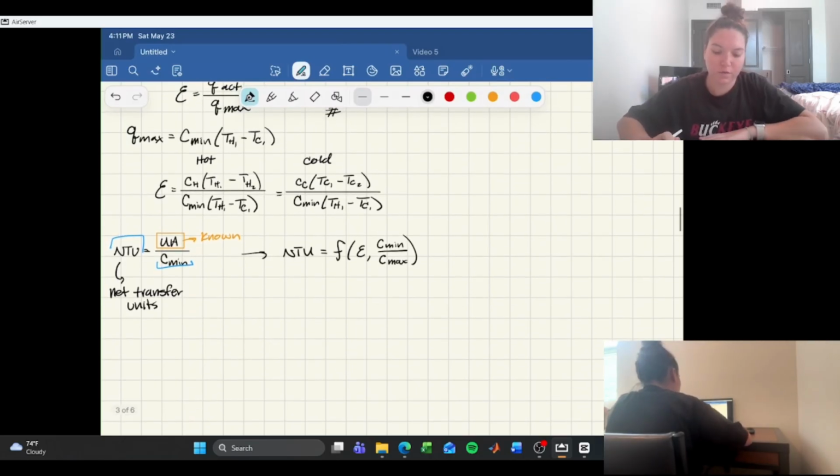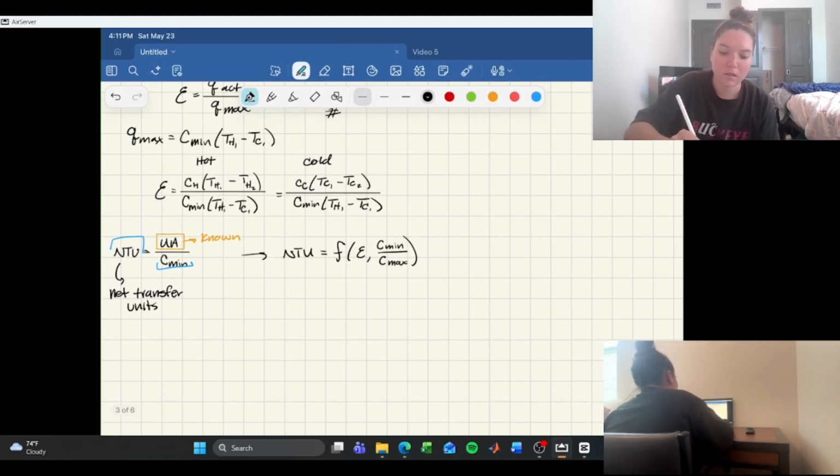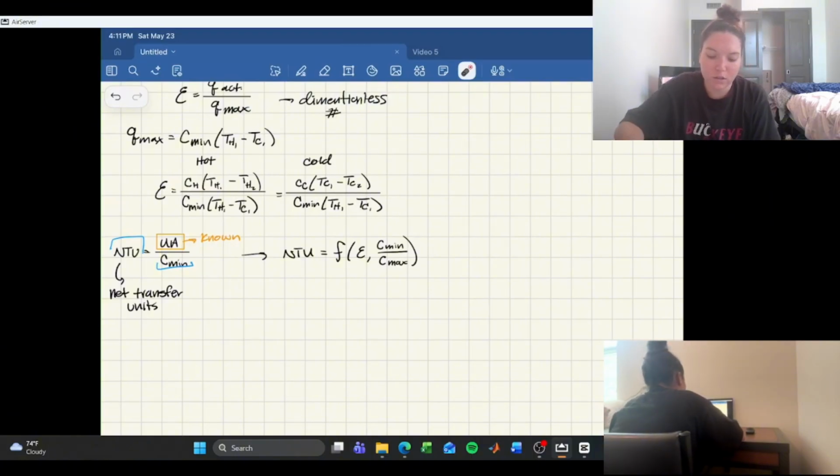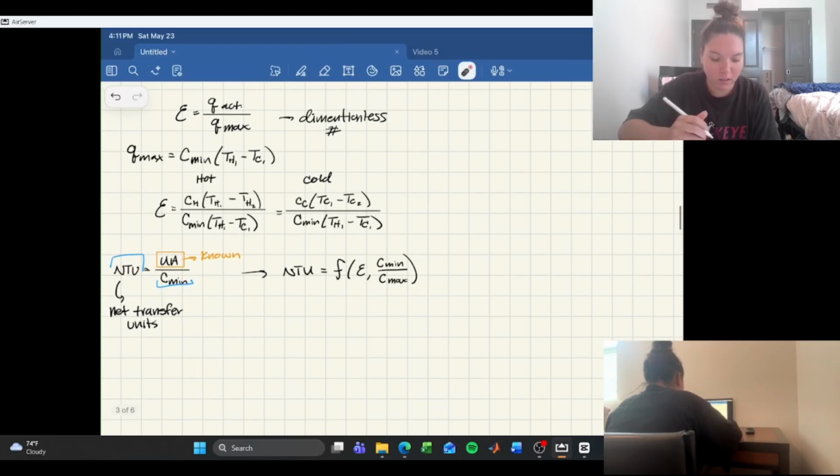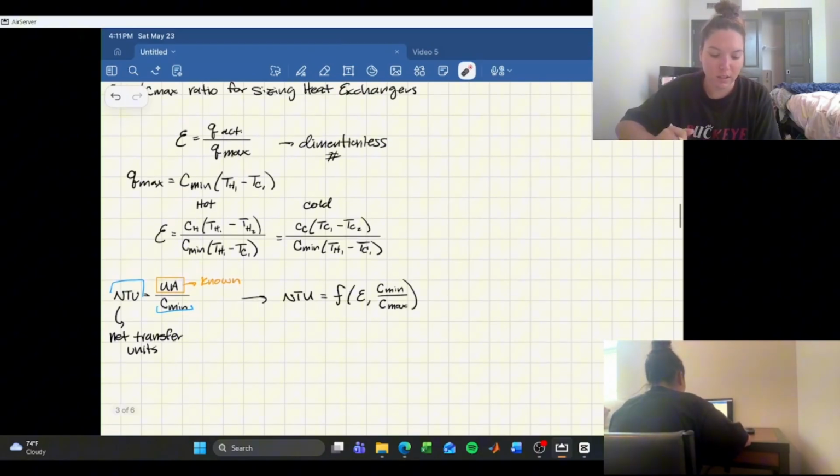You can use different functions using the efficiency and the mass flow rate heat capacities, maximum and minimum values, and all of these, like we said before, are interchangeable. So if you have the minimum mass flow rate heat capacity, then you can find the efficiency, find the net transfer units for sizing, or vice versa, using these equations.